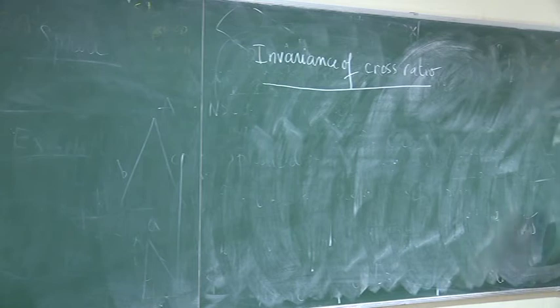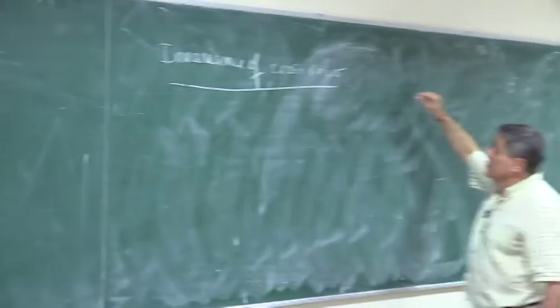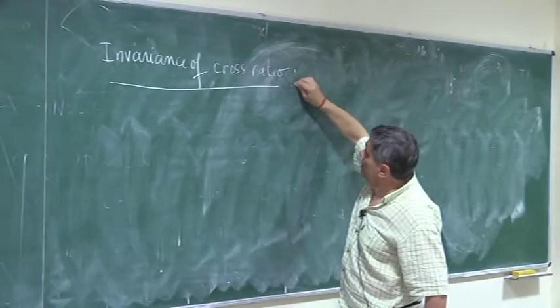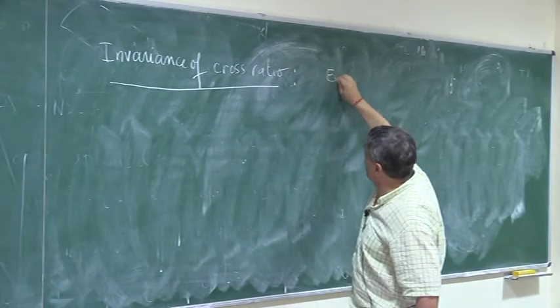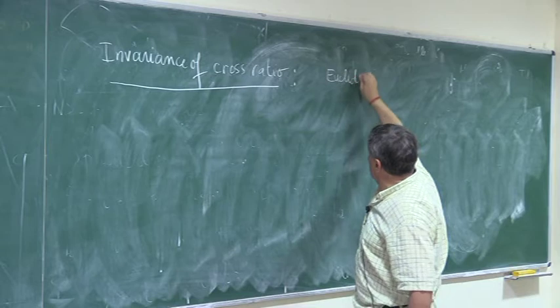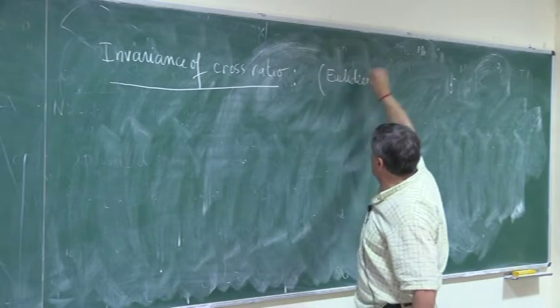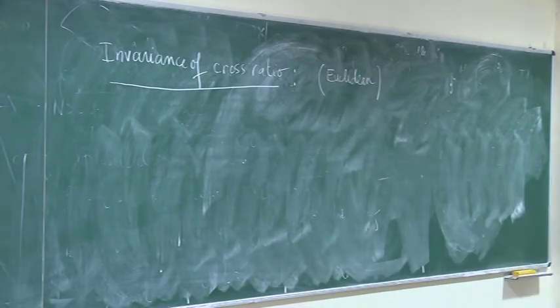Let me tell you what the invariance of cross ratio is in Euclidean geometry first. The Euclidean case.